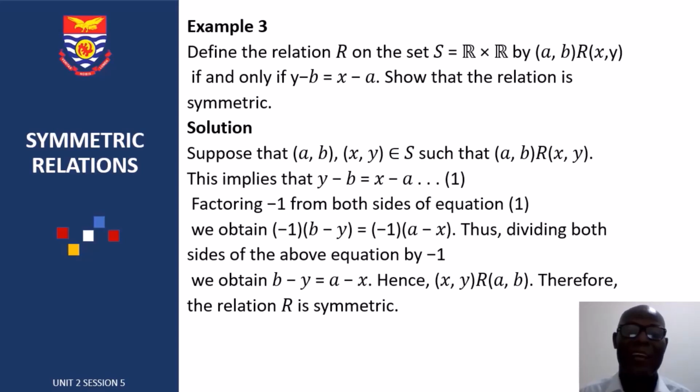When we factor out -1 from both sides of equation 1, we obtain -1 multiplying b minus y, which equals -1 multiplying a minus x. Dividing both sides of the above equation by -1, we obtain b minus y is equal to a minus x. Hence, (x, y) is related to (a, b). Therefore, the relation is symmetric.